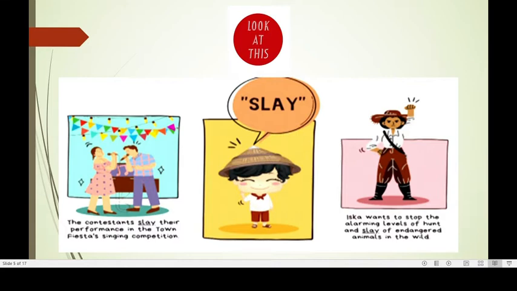In order for us to understand what is definition, I would like to request everybody to take a look at the picture. On the picture, we have the word slay at the center. The first sentence to your left is, the contestants slay their performance in the town fiesta's singing competition.